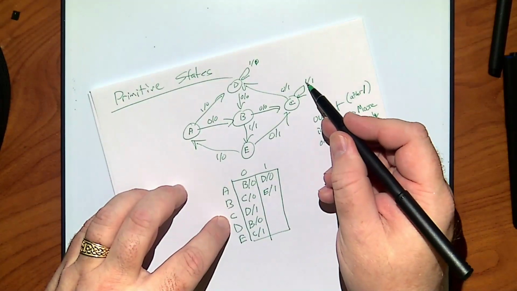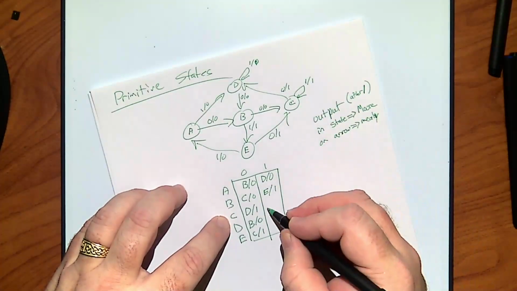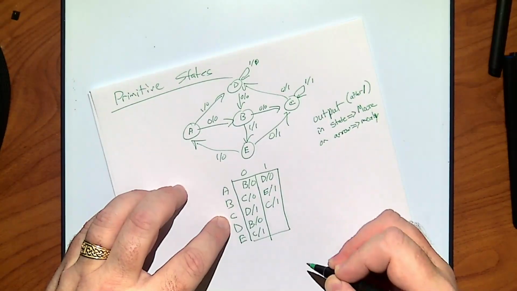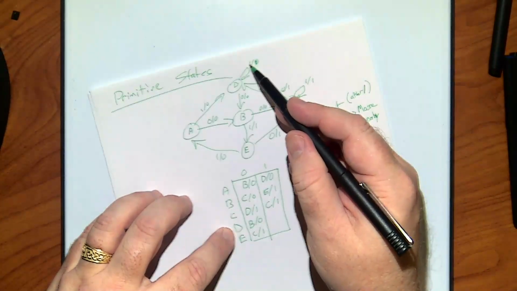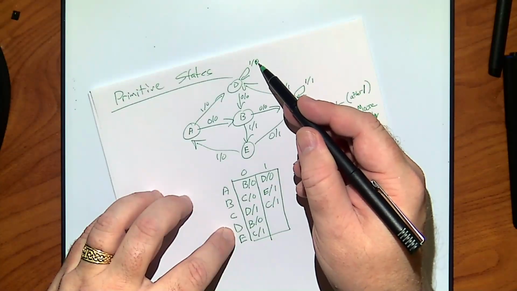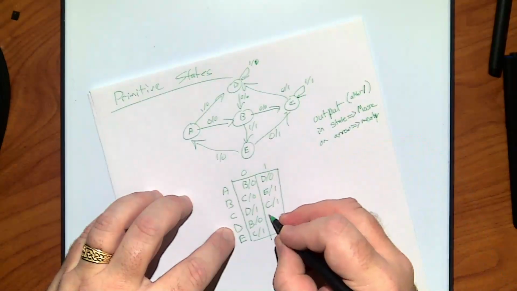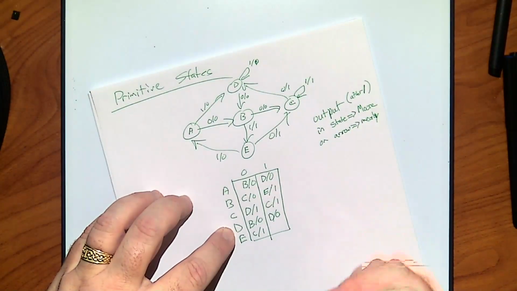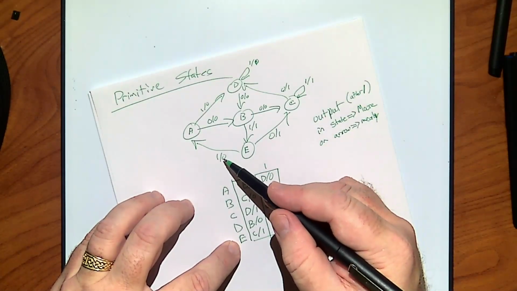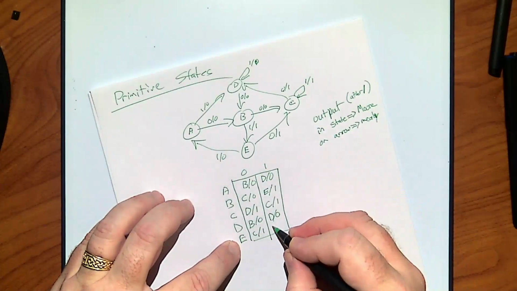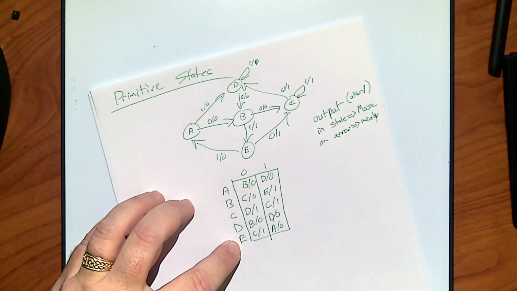C on a 1 goes to C, outputting a 1. Right? D on a 1, right, goes to D, outputting a 0. E on a 1 goes to A, outputting a 0. Fair?